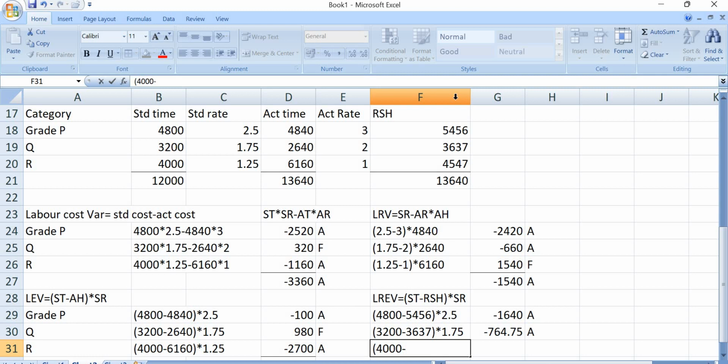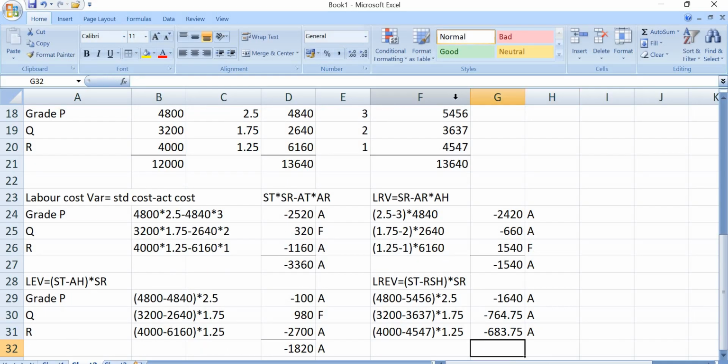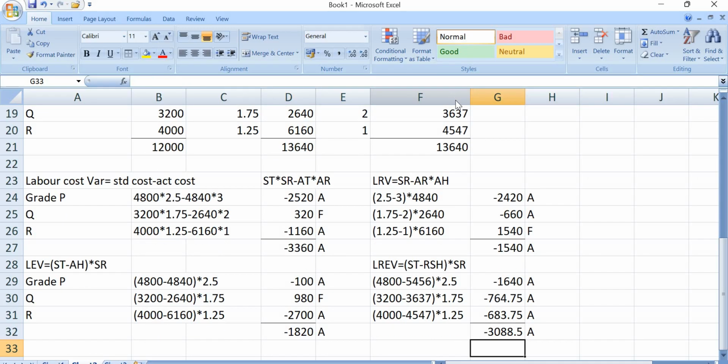4,000 minus 4,547, that is my RSH, into my standard rate, that is 1.25. So again this is adverse. So the total is 3,088.5 adverse.